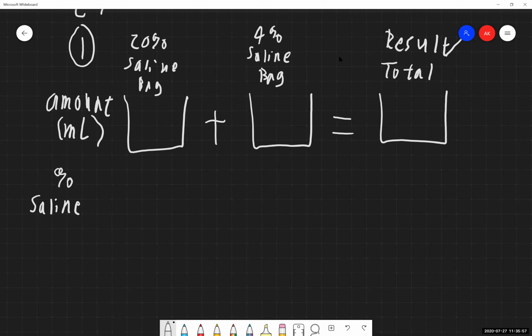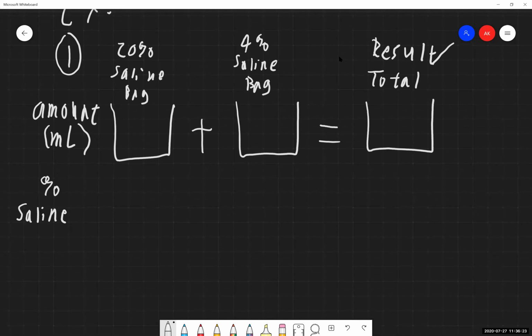We are specifically looking for the percentage that is saline, not percent that's water, not percent that is maybe ibuprofen or some other mixture or something else that could be in there. We are specifically tracking what percentage in each of these bags is saline. So again, be as specific as you can be with what each part represents, what amount we are looking for, what percentage of something we are looking for, all of that.